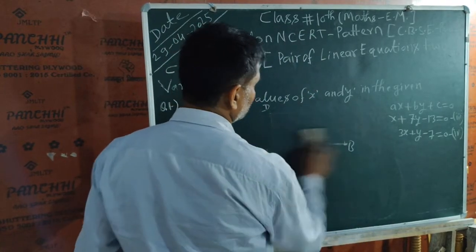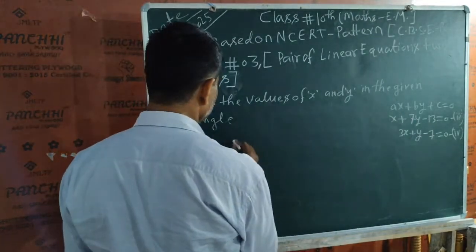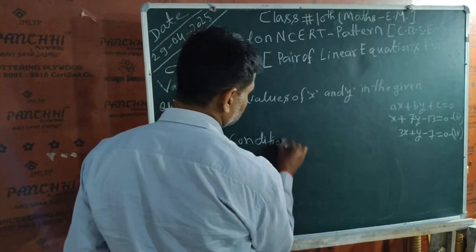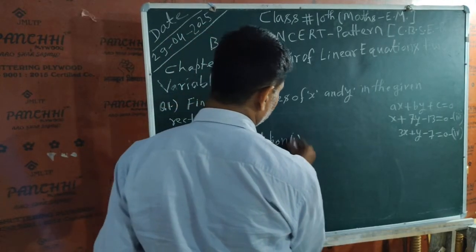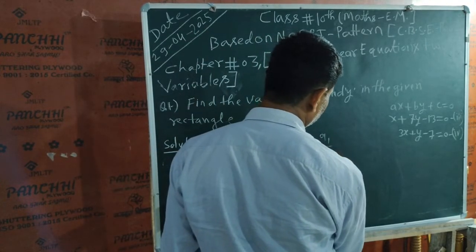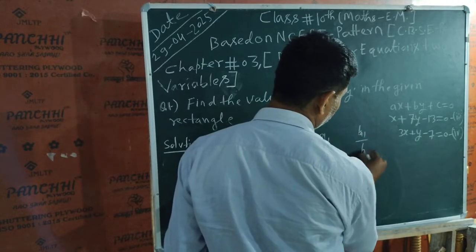Okay, student. So further I am going to write its condition. Condition number 1. I will take the value of a1 divided by a2, and also the value of b1 divided by b2.